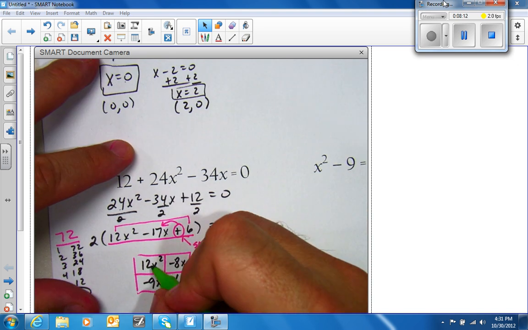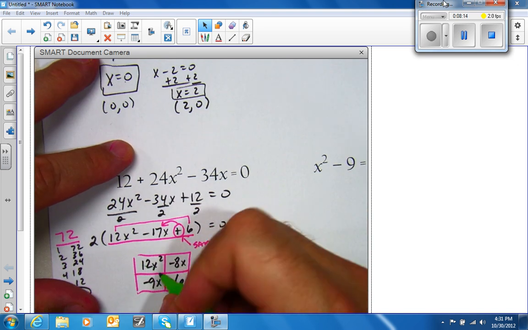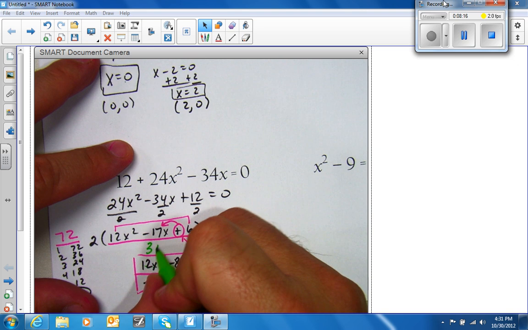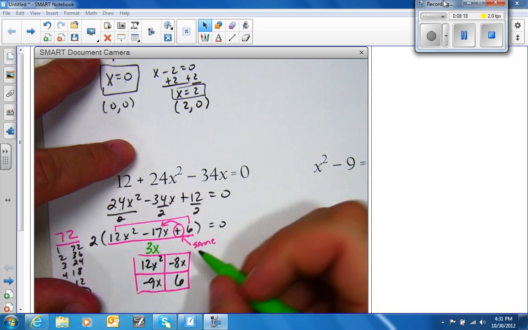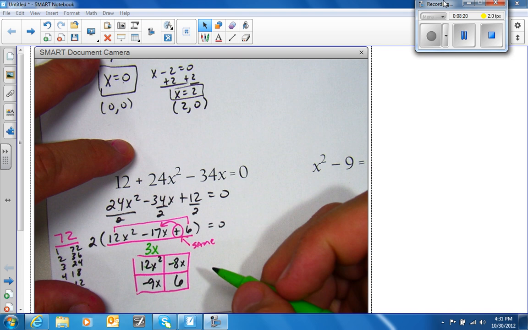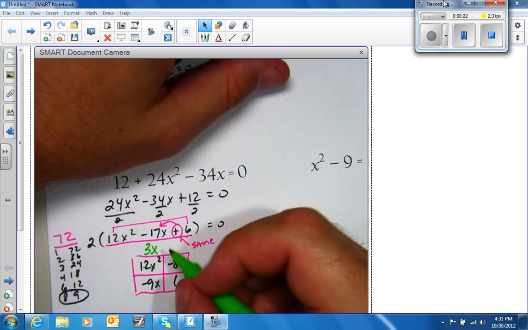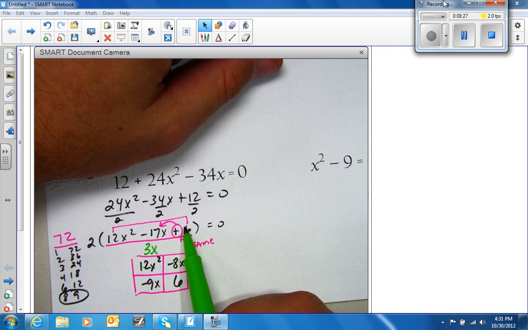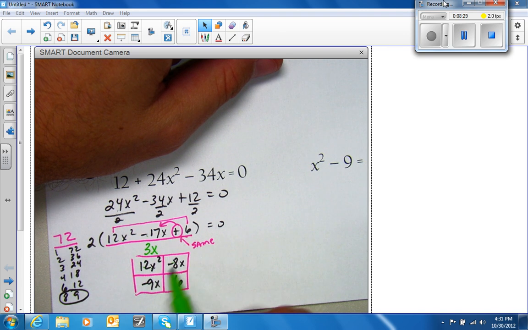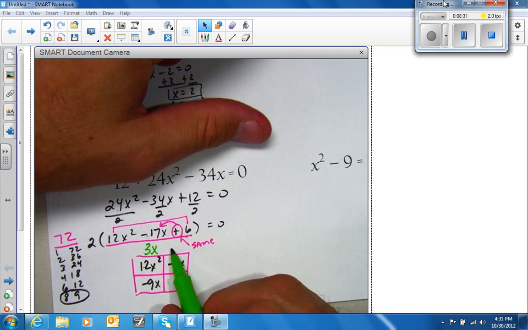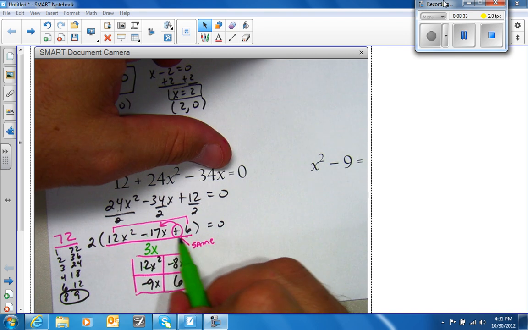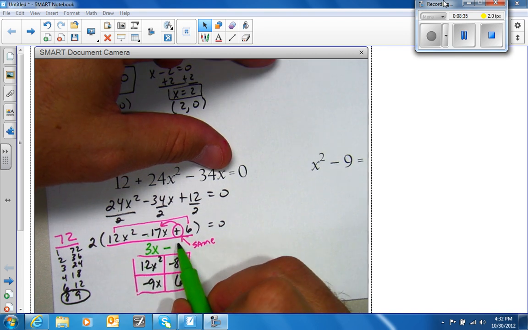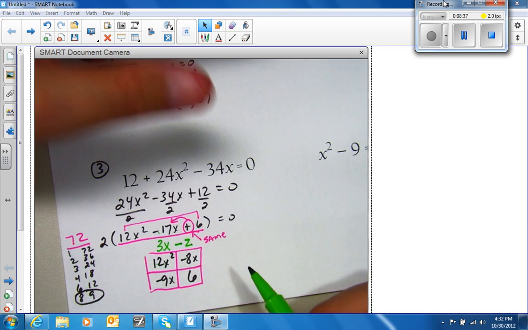So, what does 12x squared and negative 9x have in common? Well, they both have a 3x in common. What does negative 8x and 6 have in common? Well, now you got to remember, this has to be a positive 6, but both of these add up to be negative, so this is going to have to be a negative number because they're going to be the same sign. So this has to be a negative 2.